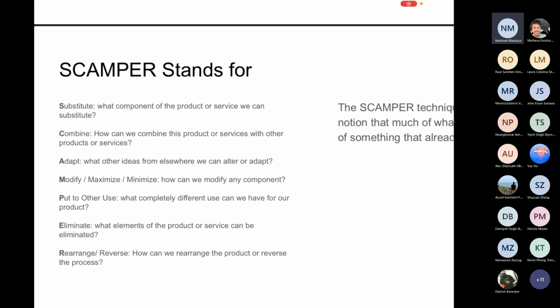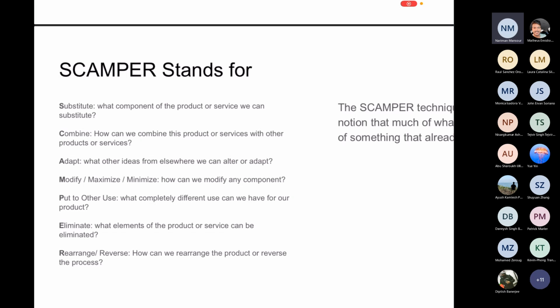Okay. So for substitute of the product itself, who has ideas, guys? I think the bristles. So you want to substitute the bristles, you mean. Yes, the bristles. Buy a new toothbrush because apparently we should buy a new toothbrush every month. You make it electric. Is that substitute? I'm not sure. Not substitute.